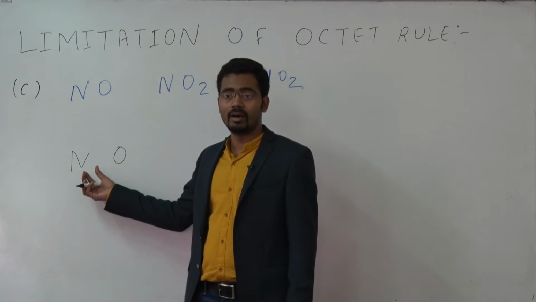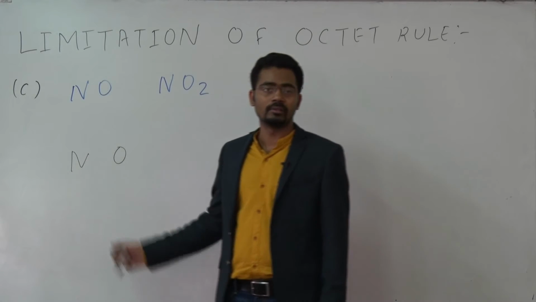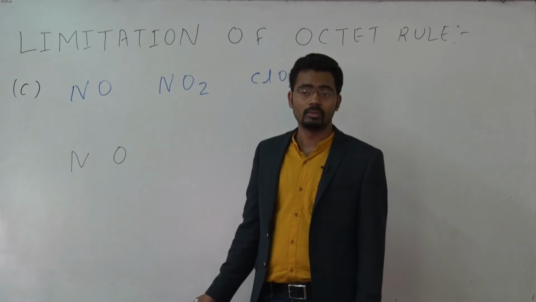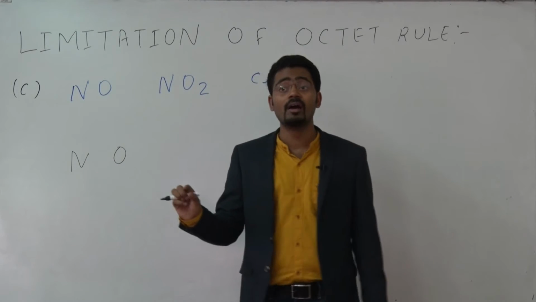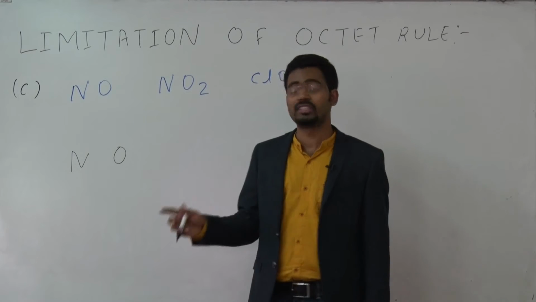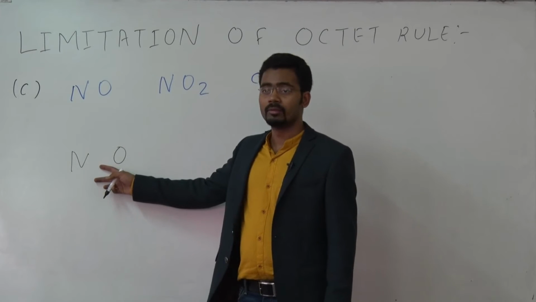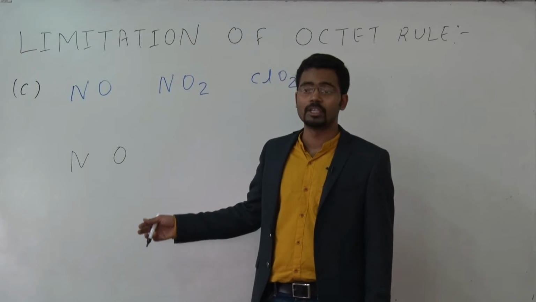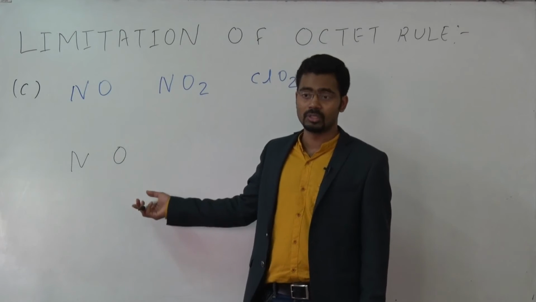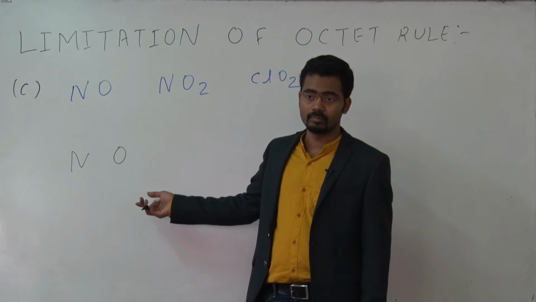So tell me here, how many electrons will be shared? 2 or 3? By nitrogen 3, by oxygen 2, so you have to take the minimum. Because if you share 3 electrons, then the number of electrons on oxygen will increase, and there is no space in oxygen for more than 8 electrons. Got it?